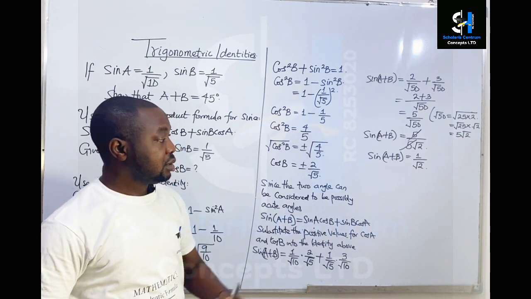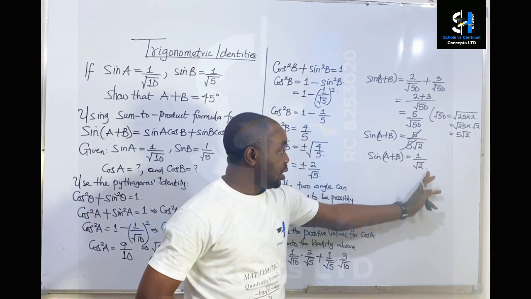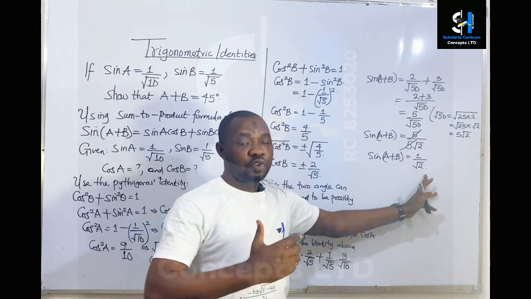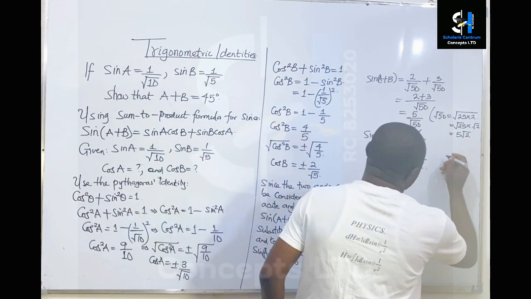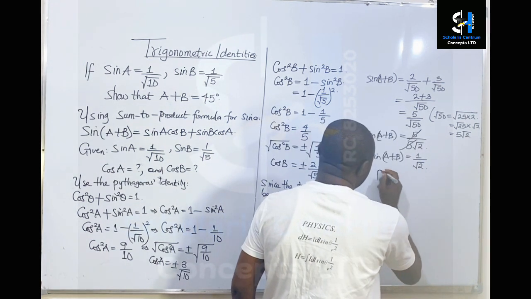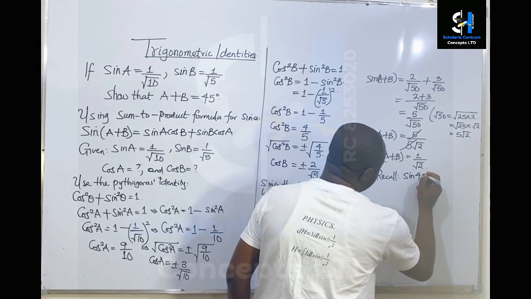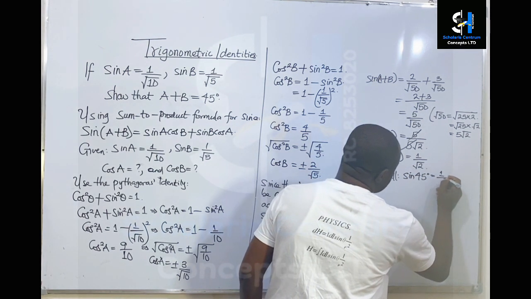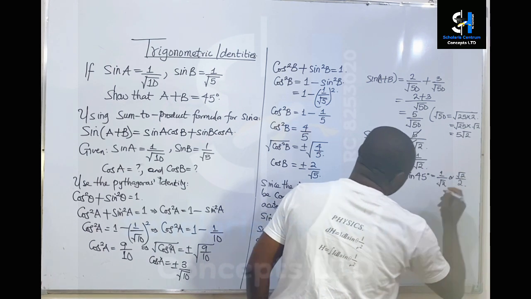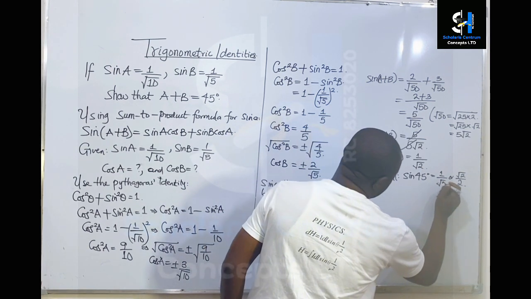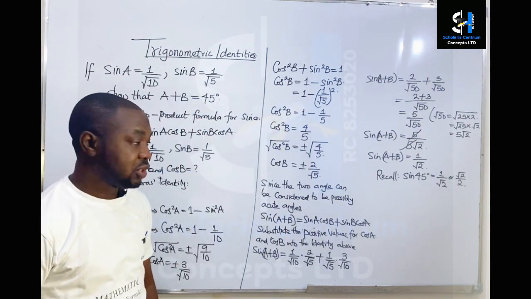That is because when we rationalize 1 over root 2, we get root 2 over 2. So let's recall, sine 45 degrees is 1 over root 2 or root 2 over 2, which is the same thing as 0.7071.